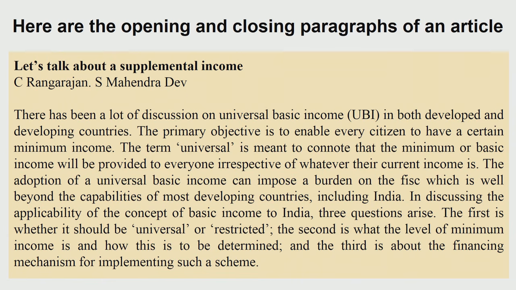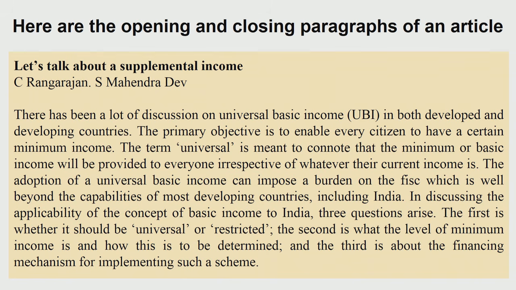The term universal is meant to connote that the minimum or basic income will be provided to everyone irrespective of whatever their current income is. The adoption of a universal basic income can impose a burden on the fisc which is well beyond the capabilities of most developing countries, including India.